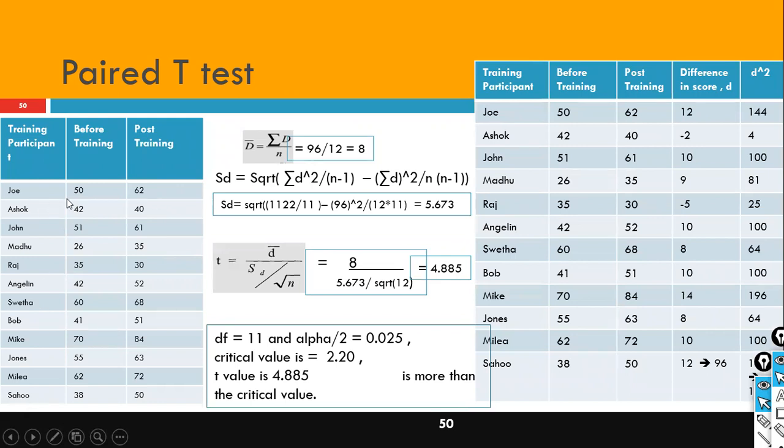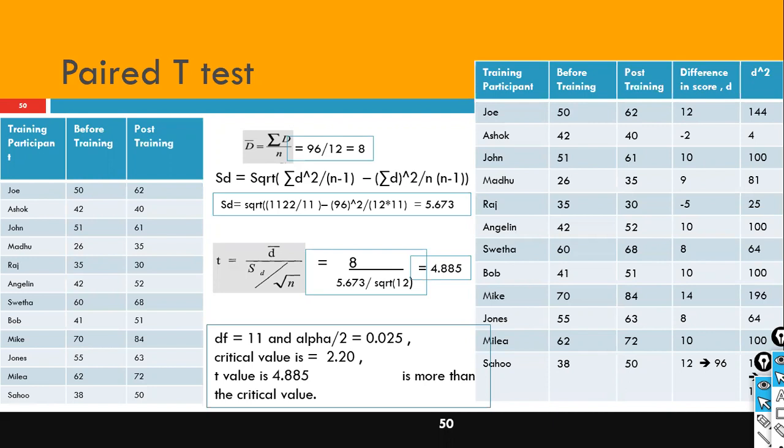Let's say in your project you are a project manager managing a 20-member team, and you see that 10 employees' performance is not up to the mark. You are trying to train them in the relevant skill set. After training, you want to check whether there is any improvement in productivity or not. Got it? So that's all.